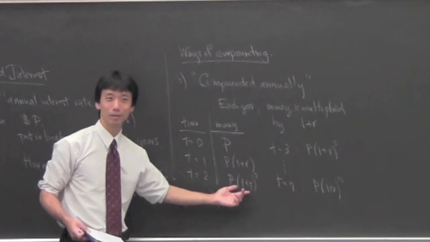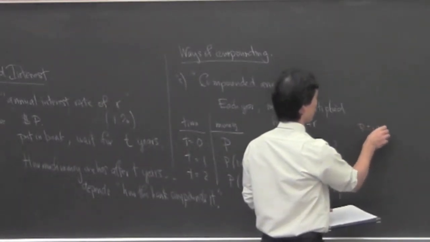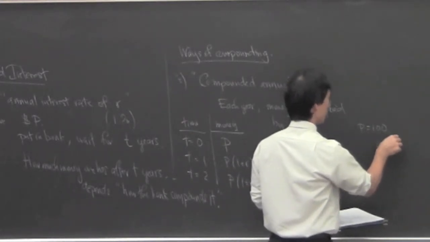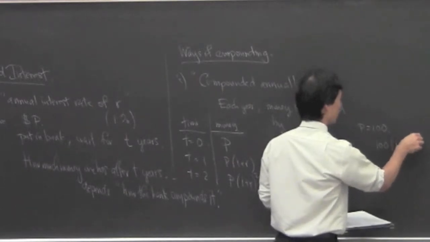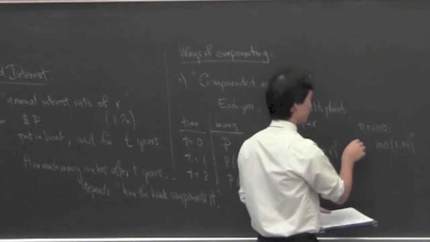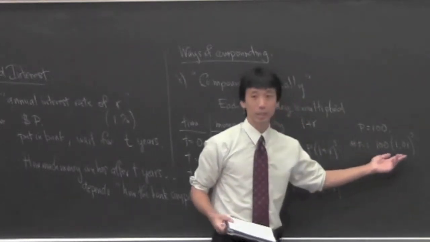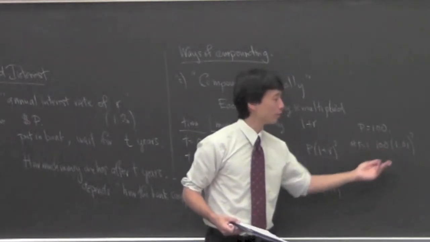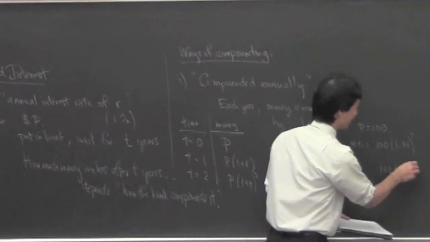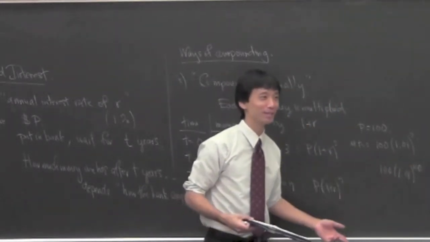If P is 100, after 2 years you have 100 times 1.01 squared dollars. Your money at time 2 would be like this. And after 100 years, you would be dead. But you would have this much money, whatever that is.